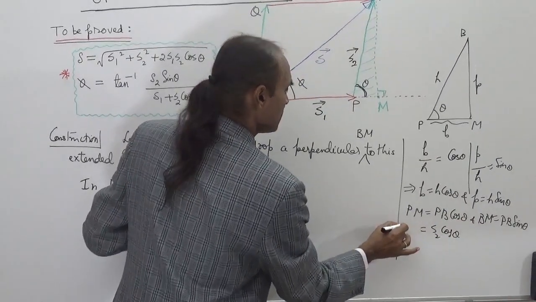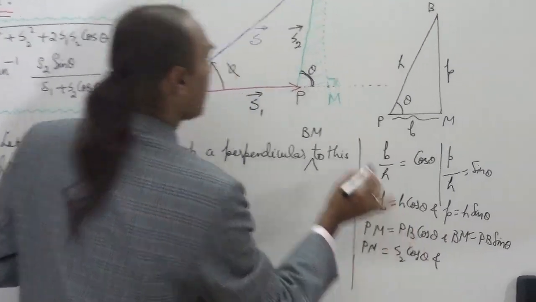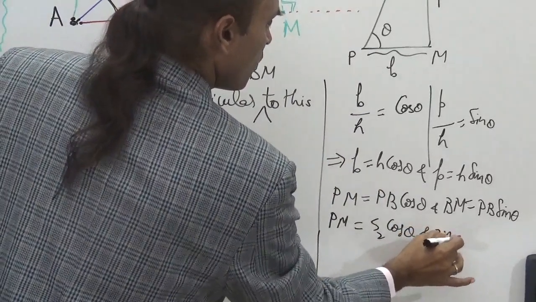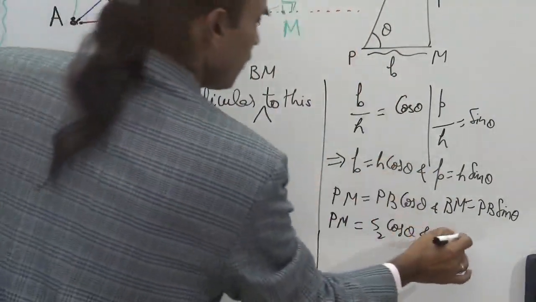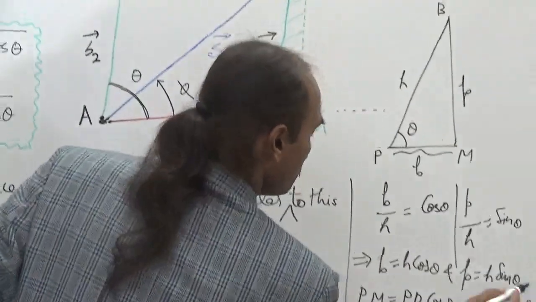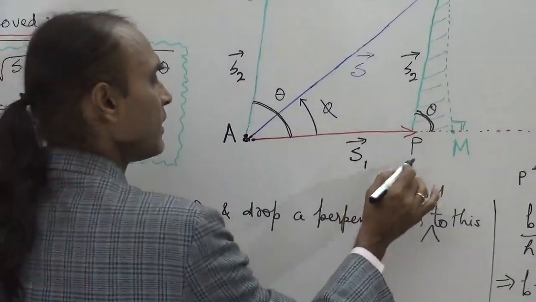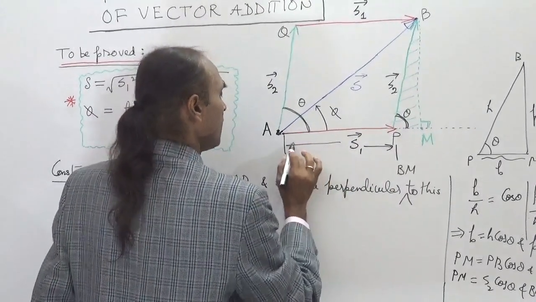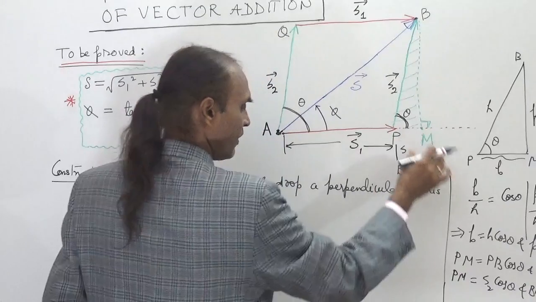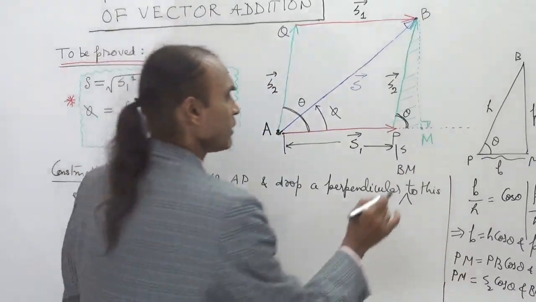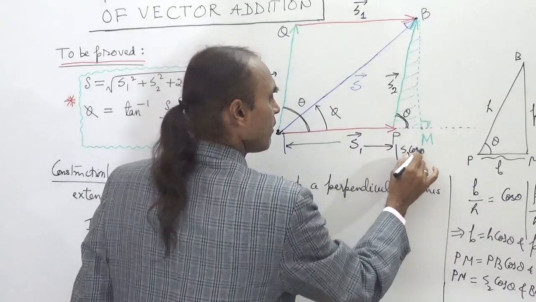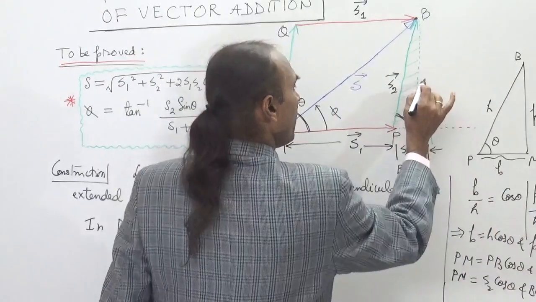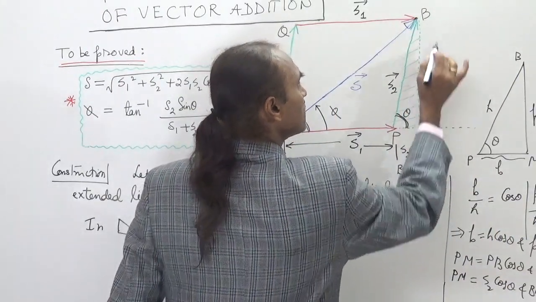So S2 cos theta is equal to PM. And BM is equal to PB sin theta, means S2 sin theta. So we can write, this is S1, what is PM? S2 cos theta. What is BM? S2 sin theta.